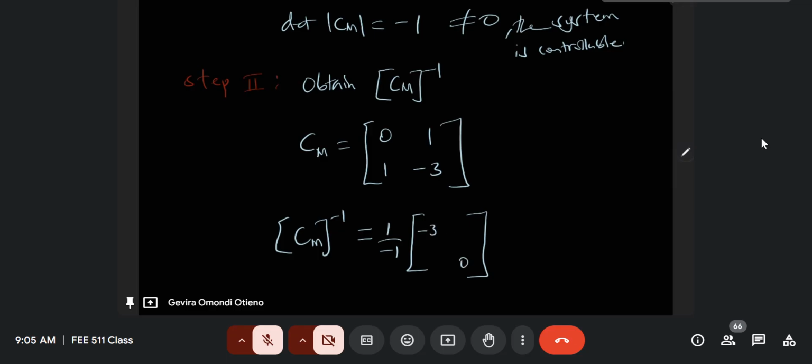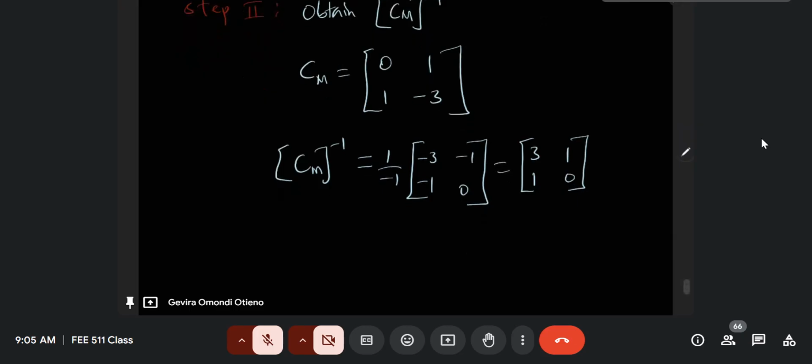And we change the sign of the elements in the lagging diagonal, so that is minus 1, minus 1. Solving this, that's simply minus 1, so the inverse becomes 3, 1, 1, 0. I think that's correct. Good, so this is the inverse of that matrix. So step number 3.